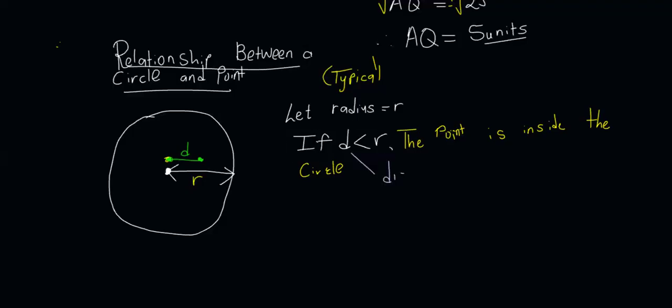And then this R stands for the radius. Do you get to see that? So if you can prove that the distance is less than the radius, then the point is inside the circle.